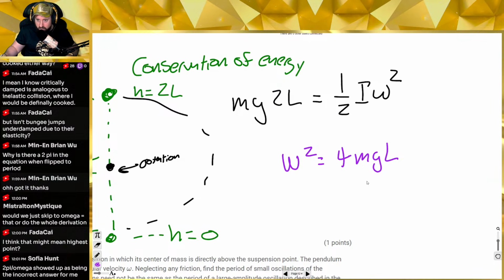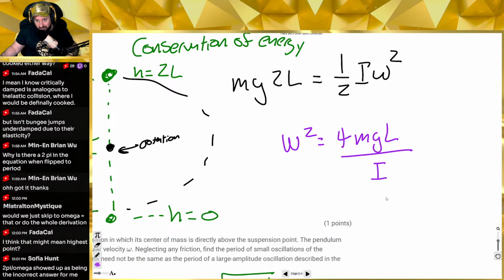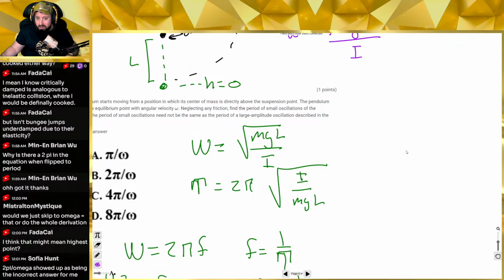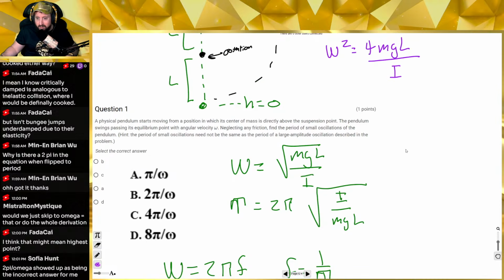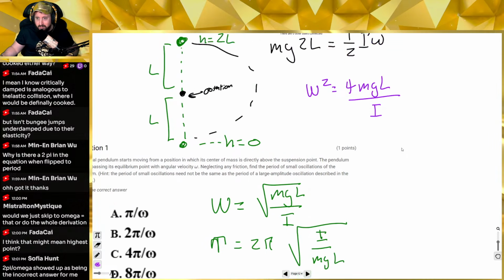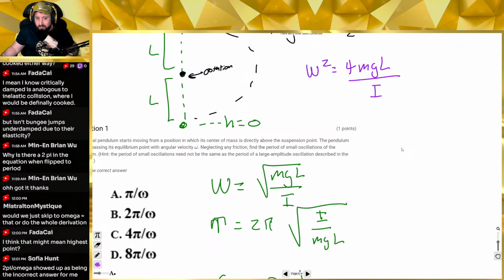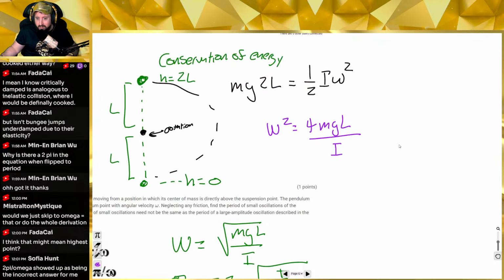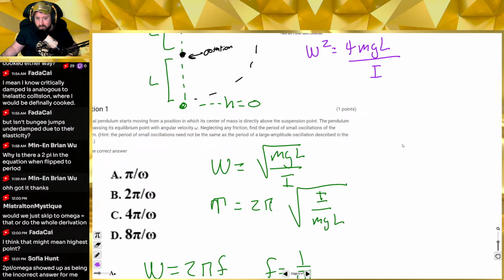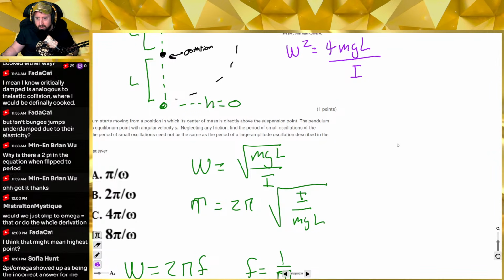If I move that over, I get 4 mgl over I. Let me see. So should it be 2? One sec. 4 mgl over I is that.